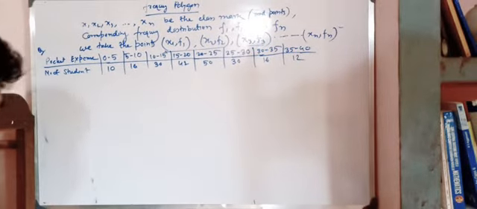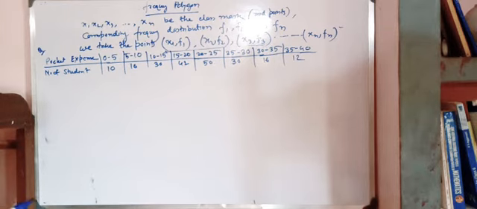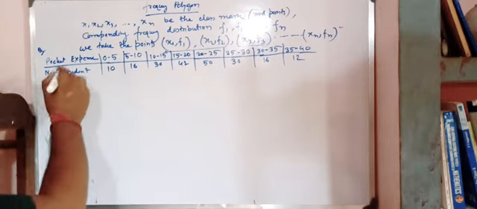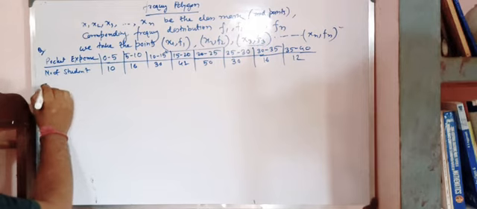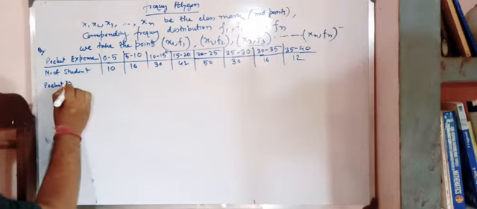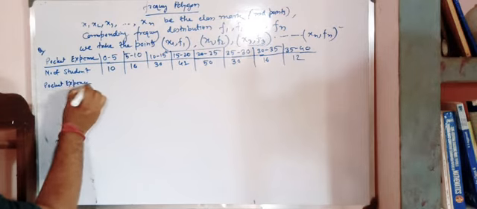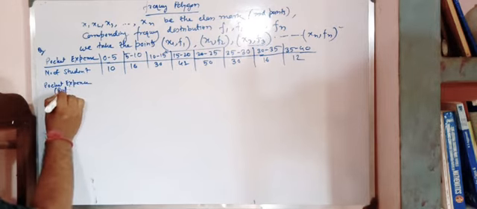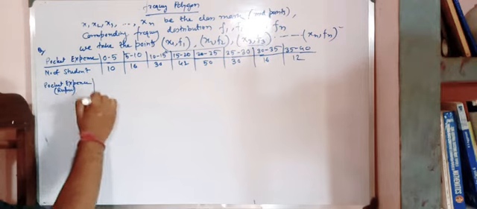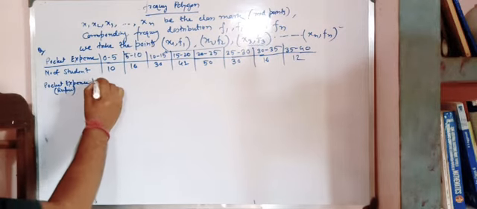Now for that we have to make a table. You can look at it carefully. The first column is pocket expense, which is in rupees. Next, class mark.